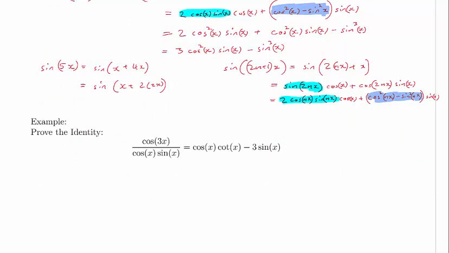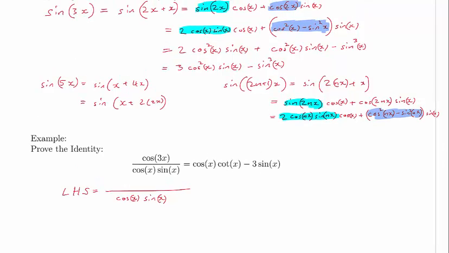Let's go ahead and prove an identity. This is a left hand equals the right hand type situation. So let's start off with the left hand side of the equation, since we have a triple angle hanging out here. So we got the left hand side. All right, we got cosine x over cosine x and sine x in the bottom, and in the top we do the same trick that we did up above.